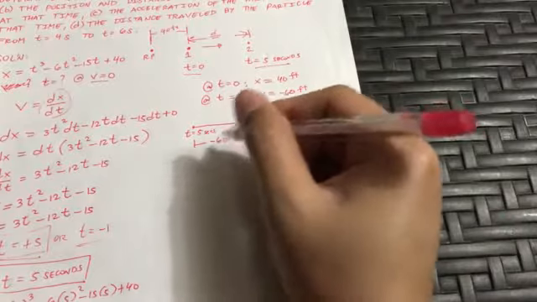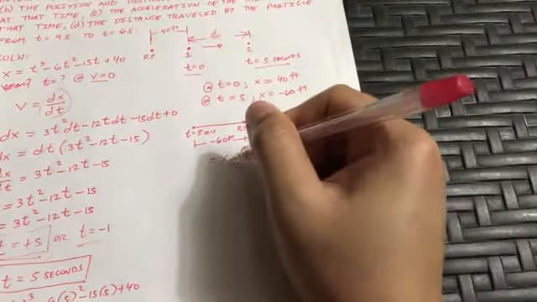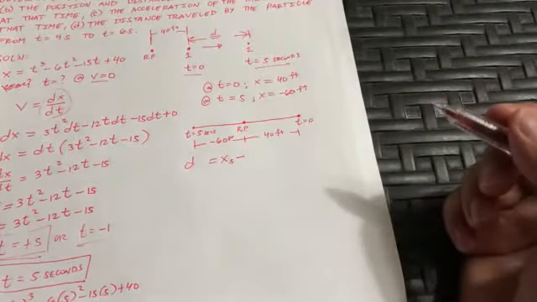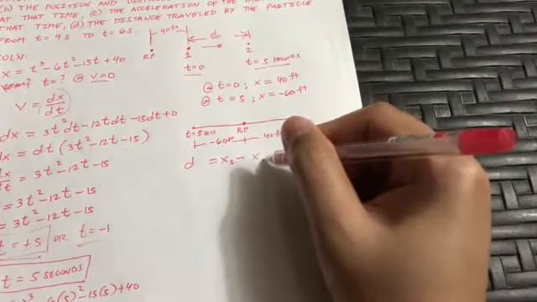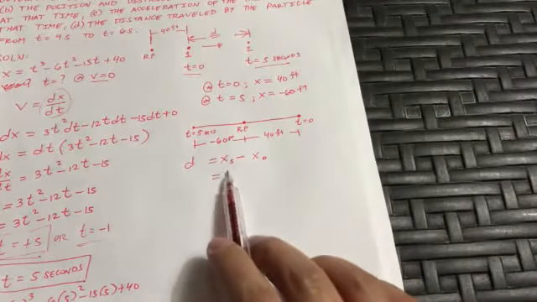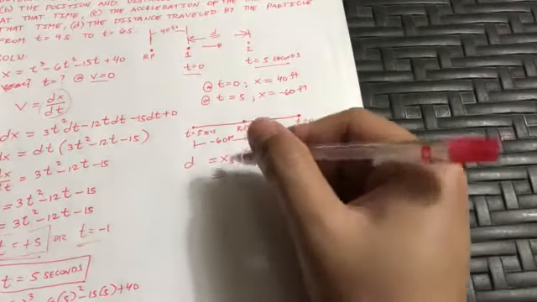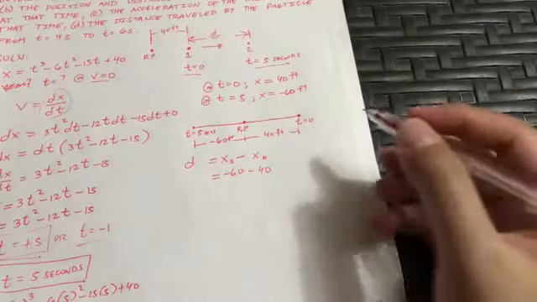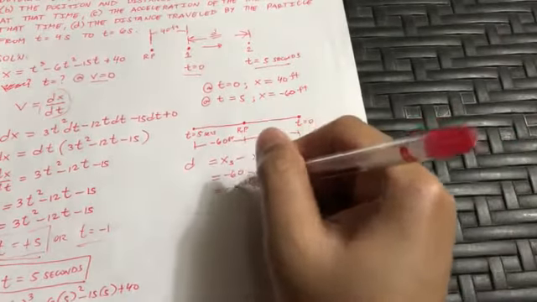We have its position at 5, and its position at time 0. So we have negative 60 minus 40, and we will get negative 100.